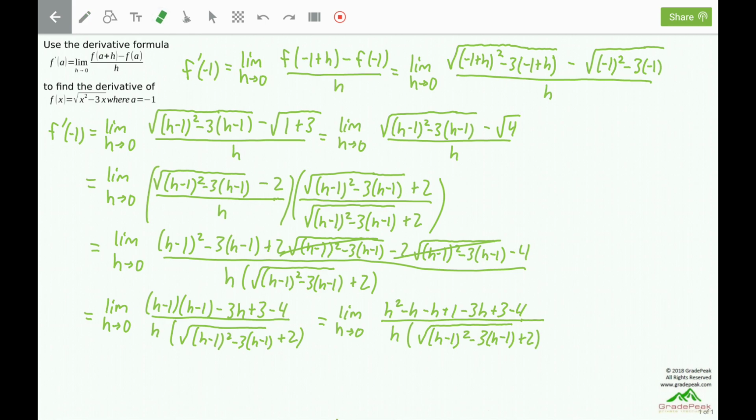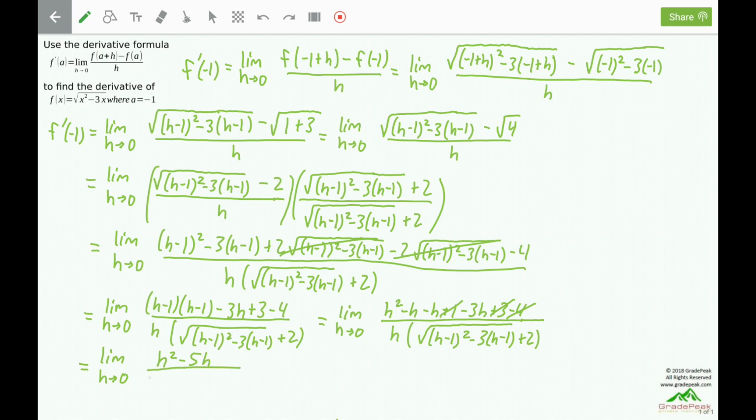We're going to combine together like terms now in the numerator. And the terms that do not have an h in them, which should just be constants, should fully cancel. I have a positive 1, a positive 3, and a negative 4, and those do fully cancel out. So we have limit as h goes to 0 of, we're left with an h squared. We have 3 terms that are h, and a negative 3h. Those will combine to be a negative 5h.